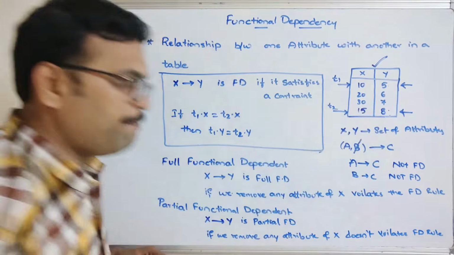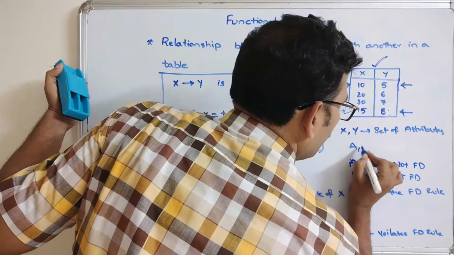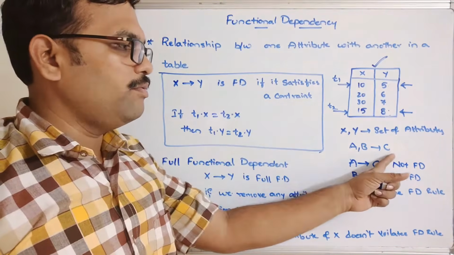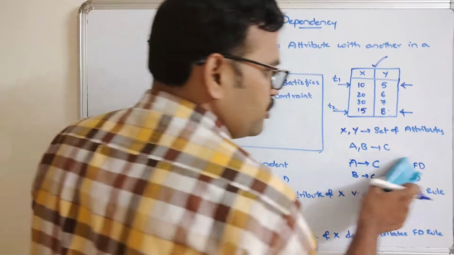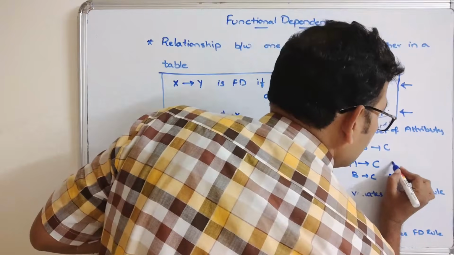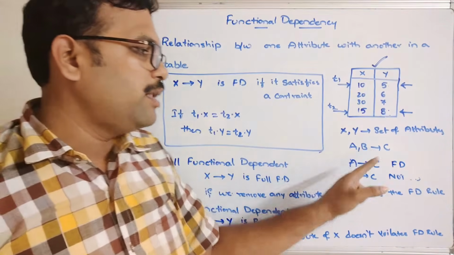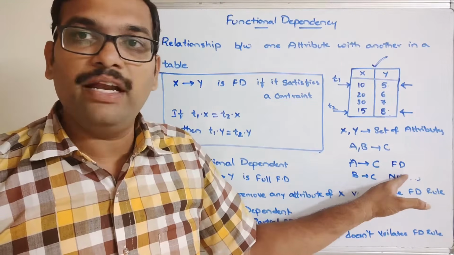For example, let us consider A comma B tends to C. In order to get C, we have to know the values of A and B, right? And if A tends to C is still functionally dependent, that means if you remove B, the remaining dependency A tends to C is also functionally dependent.